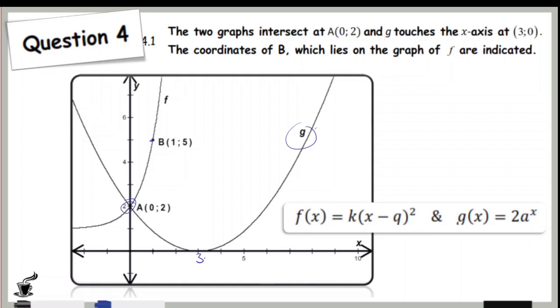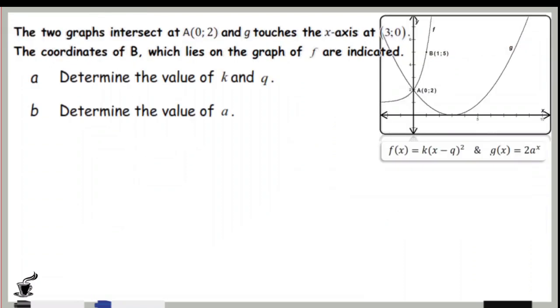Here we have two equations given with some unknown constants in there. What does that mean? First they want us to determine the value of k and q. The value of q is inside over here.